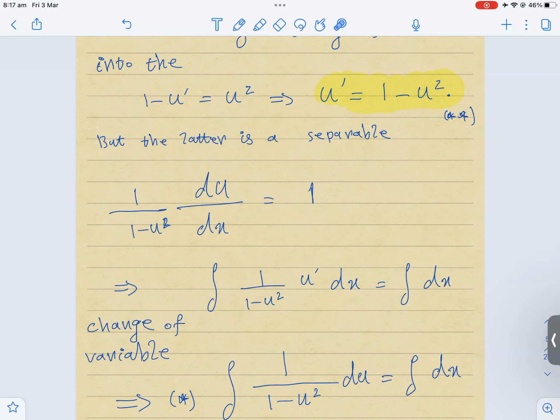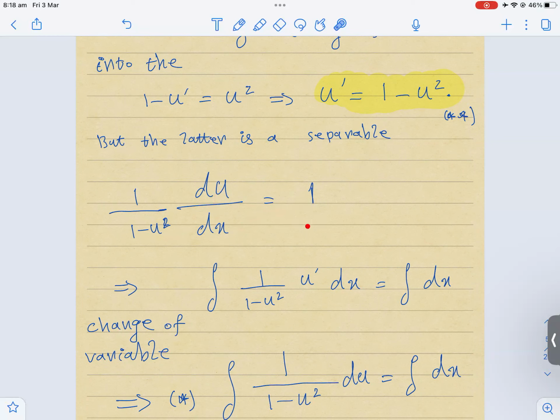One student went to the other room. Okay. Sorry, guys. So 1 over 1 minus u squared du dx equal 1.